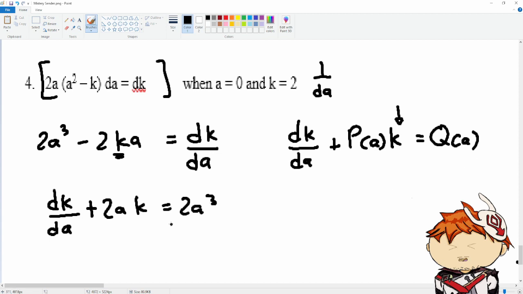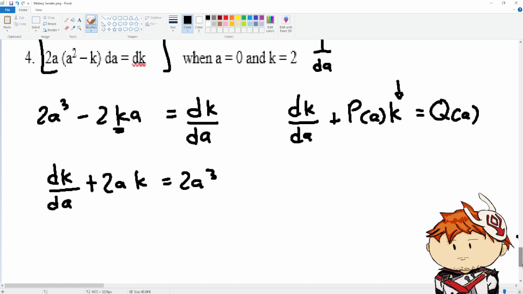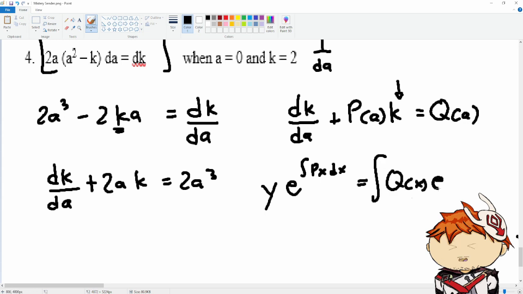Then we use our all powerful formula, or simply find your integrating factor.